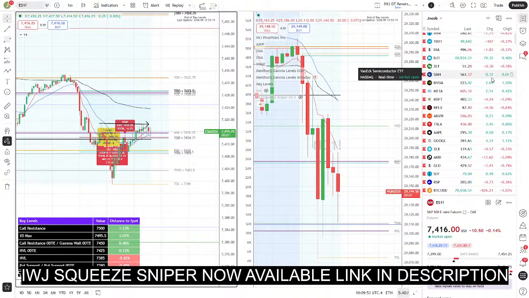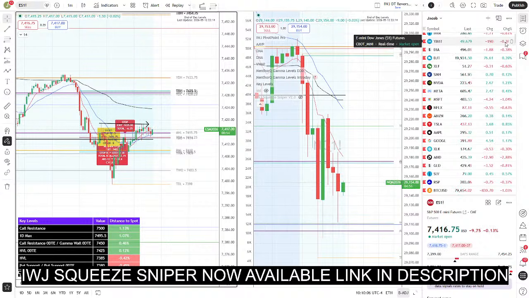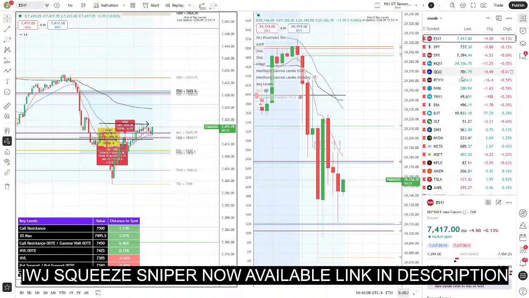They're green now. They're basically flat. So it's kind of this battle of the ES and the market. I mean, RTY has recovered some. It was down much more. It's recovered half of its losses.